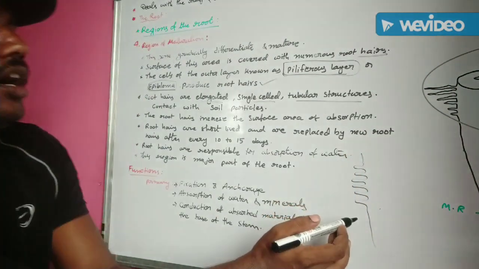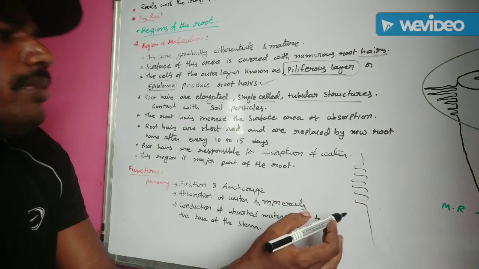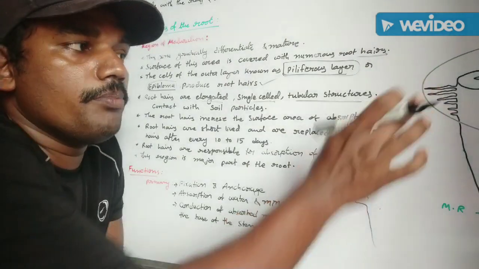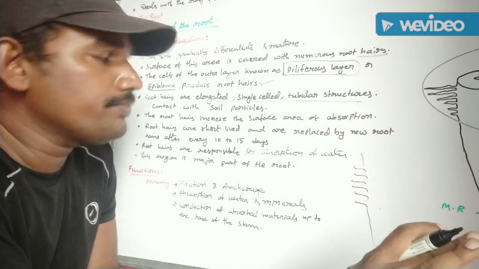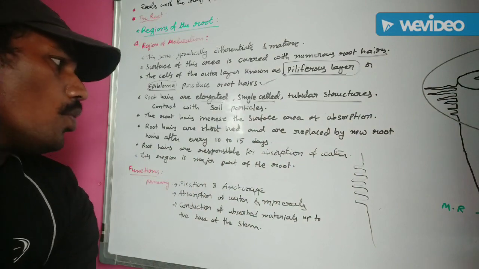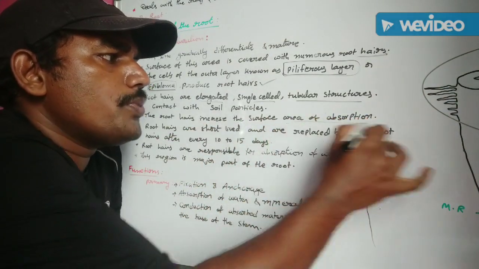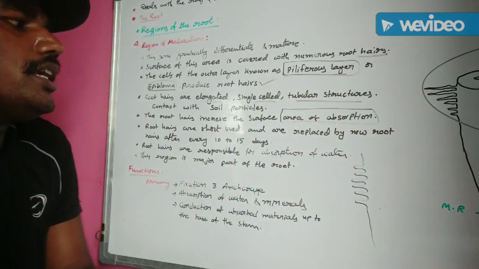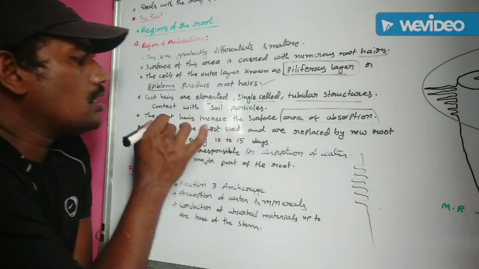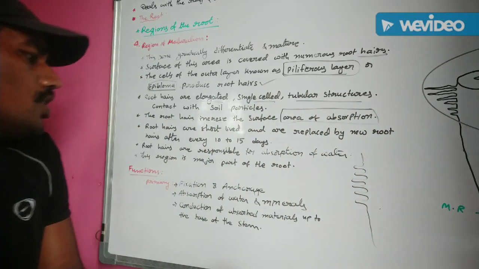The absorption surface area is increased by the presence of root hairs in the maturation region. Understand? So the root hairs increase the surface area of absorption.